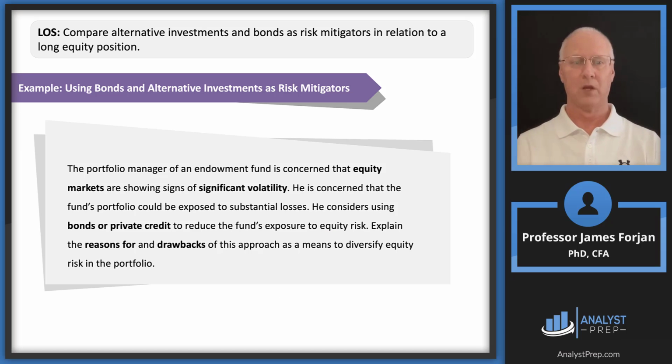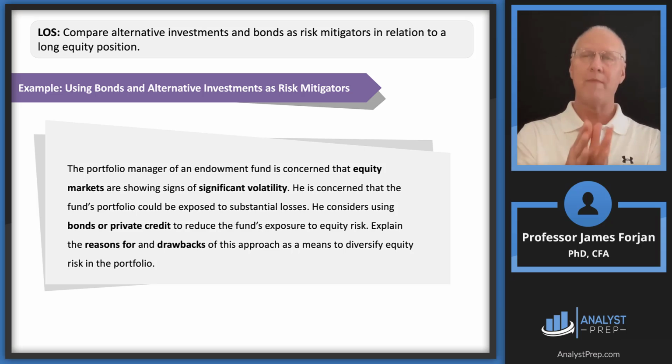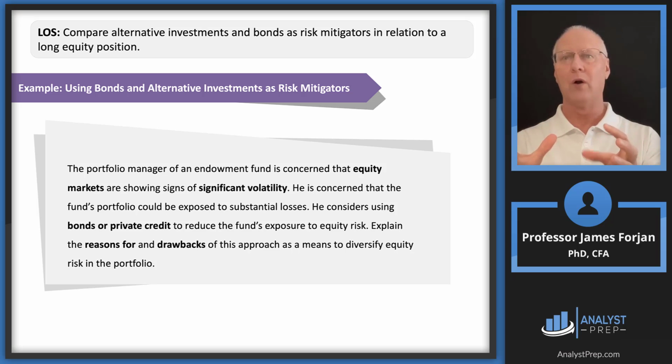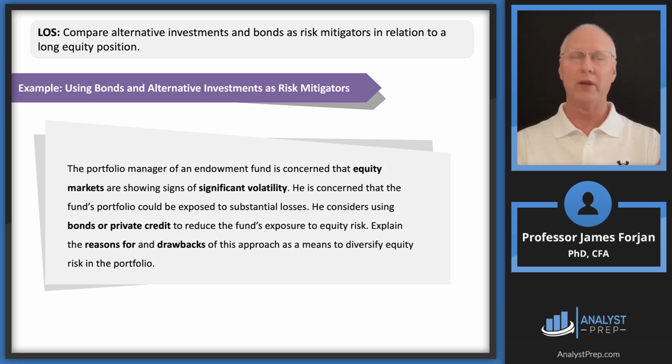So here's a good and quick example about fixed income securities. Volatility in the equity markets. We're considering using bonds or some private credit to reduce the fund's exposure to equity risk. So when you read that in a question stem, automatically think of something that sounds like, all right, we've got this equity portfolio and the beta might be 1.2 or 1.6 or 1.8.